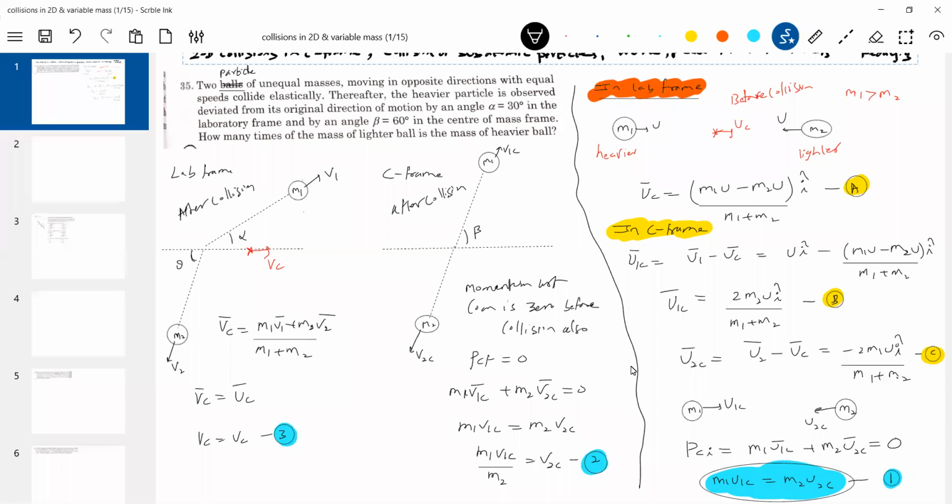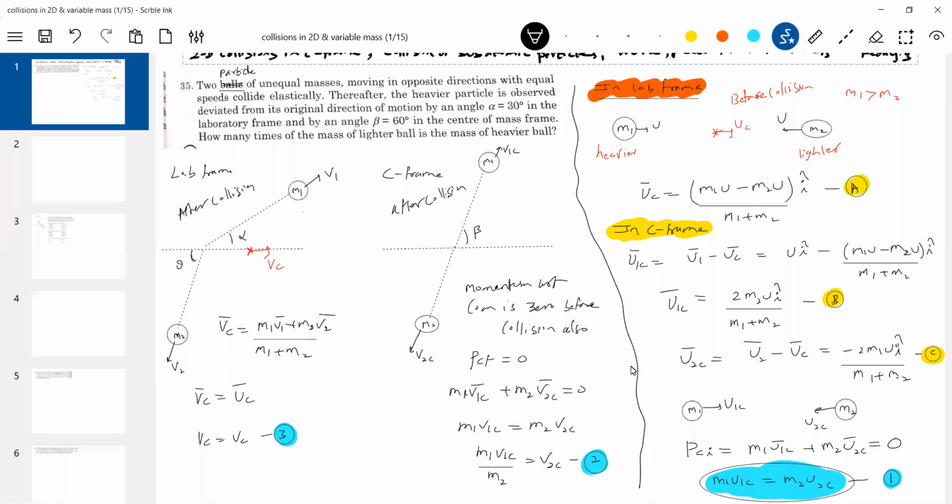In the C frame, after collision, the velocity of center of mass will be moving. So shall we bring v1, vc and v1c? Some very good information is available here. Some vector relationship we will take, because v1c bar you can write as v1 bar minus vc bar. So let's draw one vector diagram and see what we get.